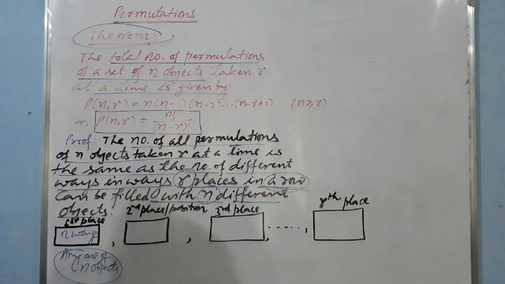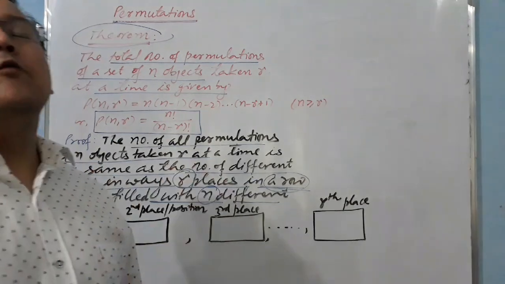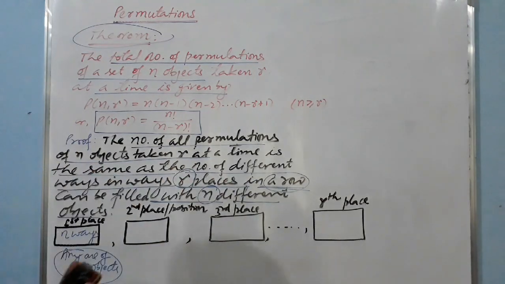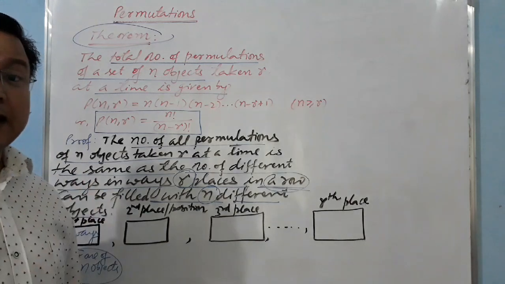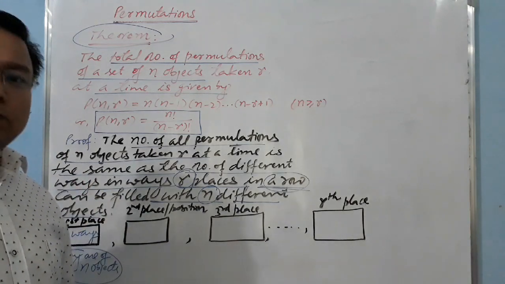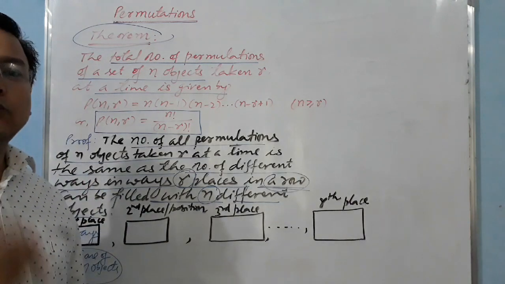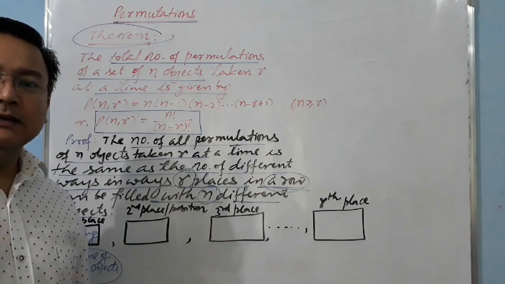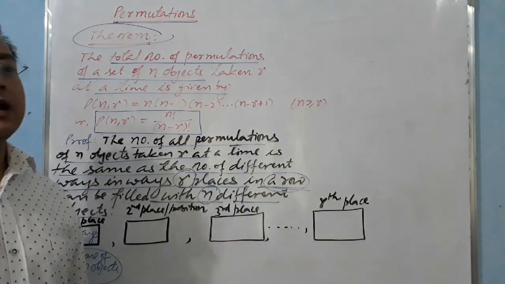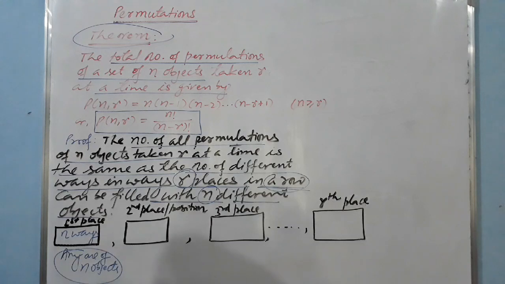There are n objects, and any one can be used for the first place. Hence, there are n ways to fill up the first position.